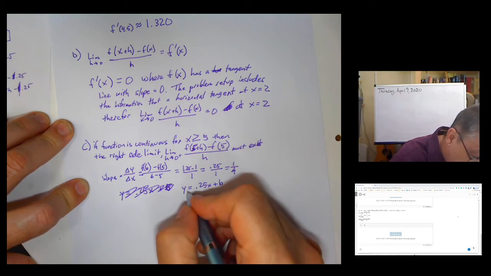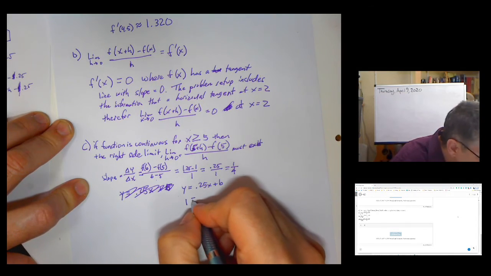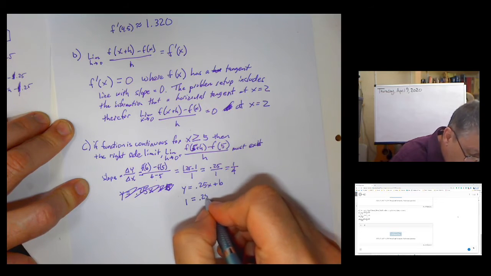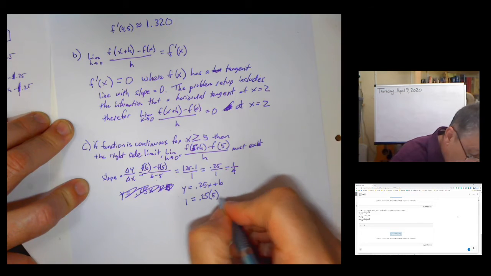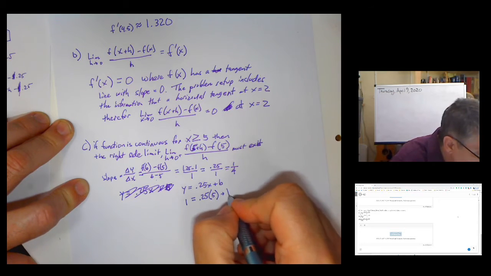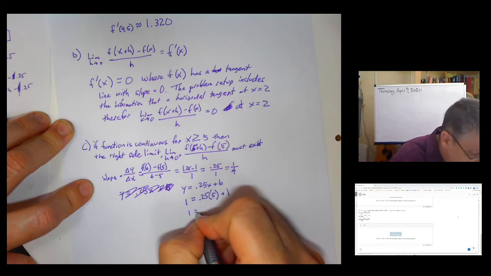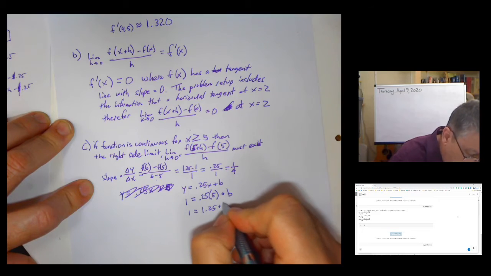In this case, we're using f of 5, by the way. So 0.25 times 5, and f of 5 is 1, plus b, right? So then we get 1 equals 1.25 plus b.